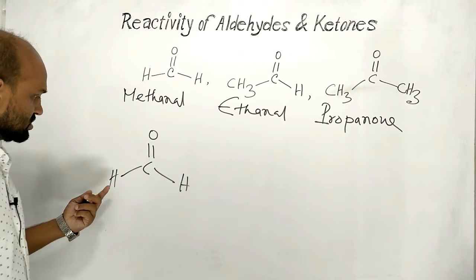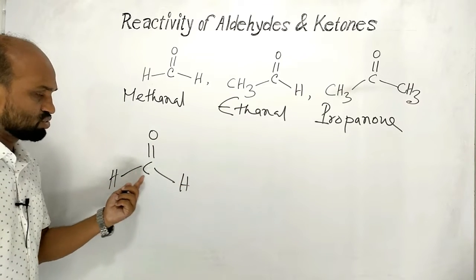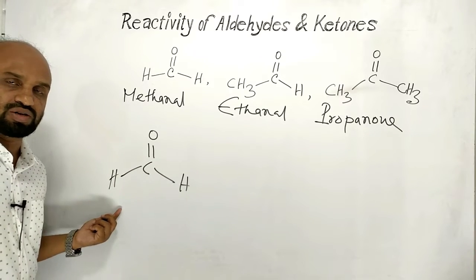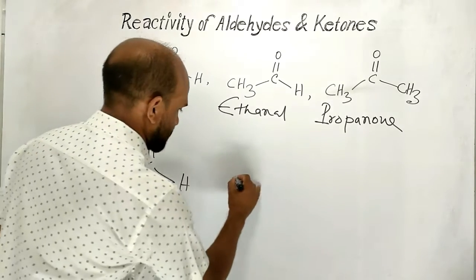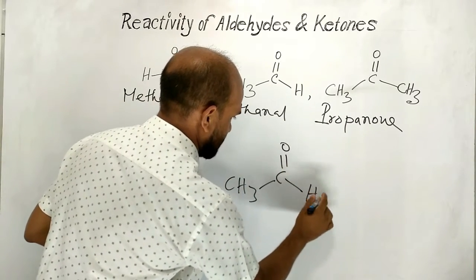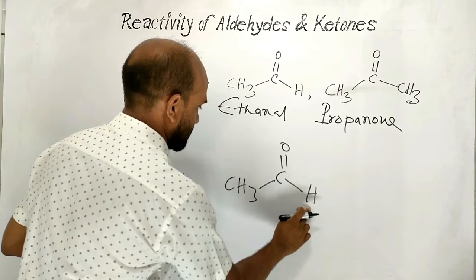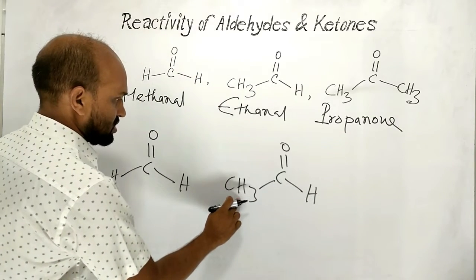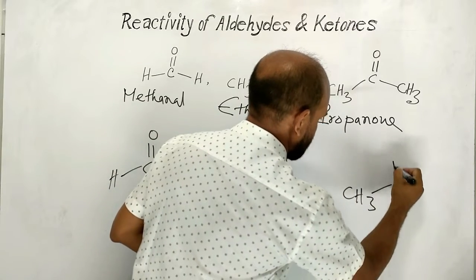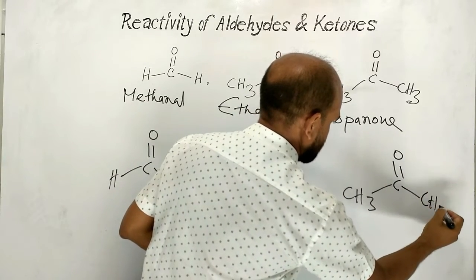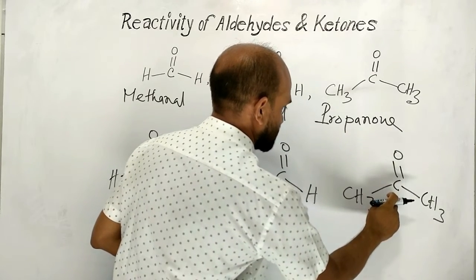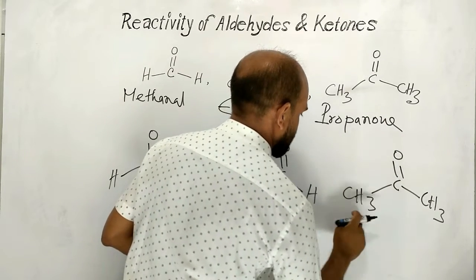Here we see in two hands of carbonyl group there are two hydrogen atoms, but in ethanol, in one hand hydrogen and in the other hand methyl group. In propanone, in two hands of carbonyl group there are two methyl groups.